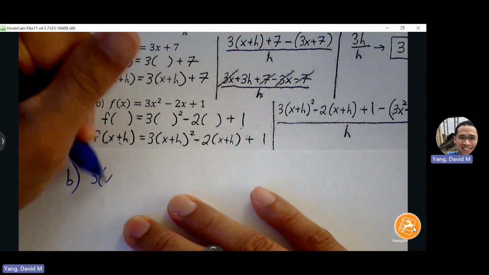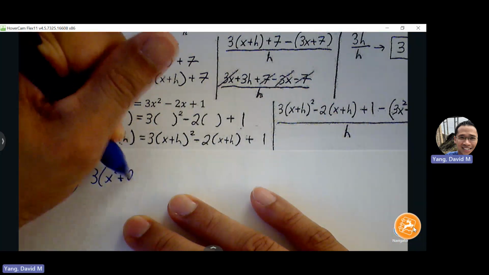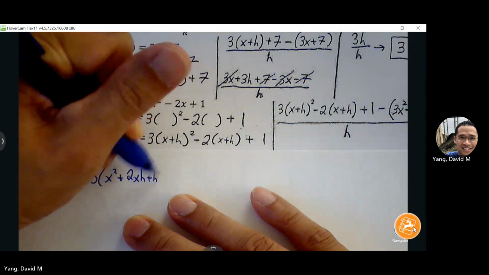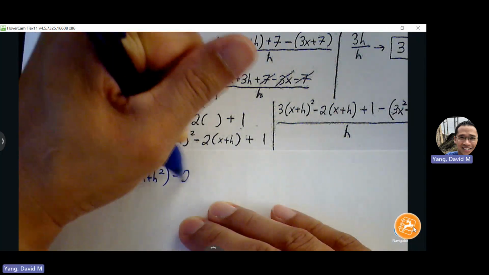You got 3h squared plus 2h divided by h. I don't know, it's supposed to be there. What would be 3h squared plus 2?